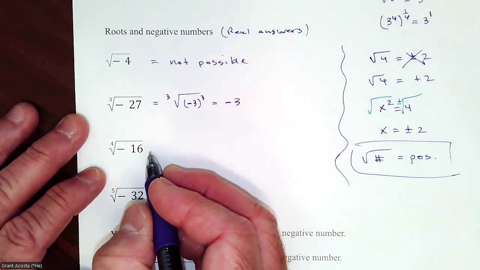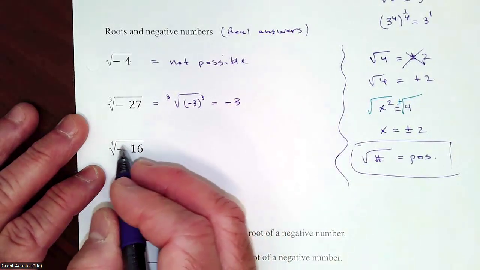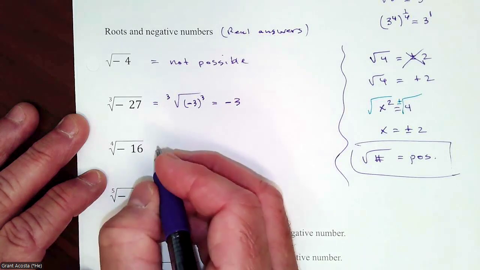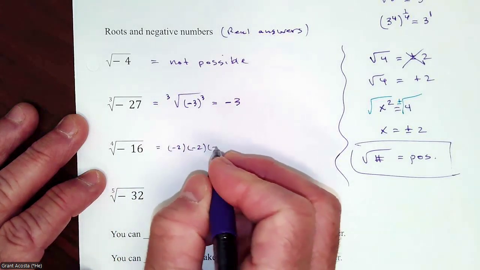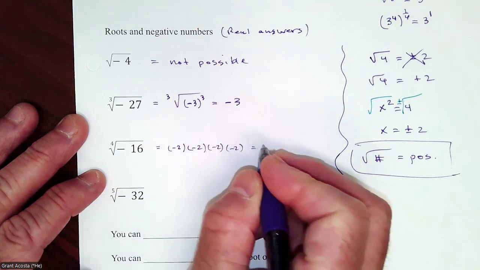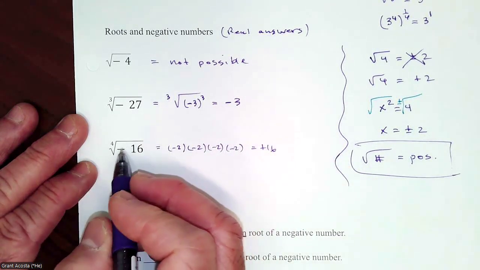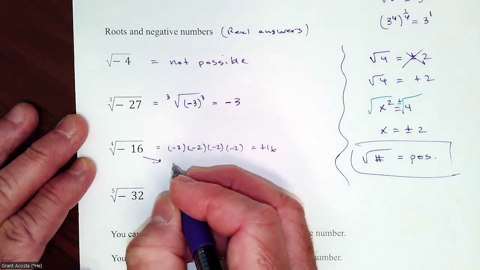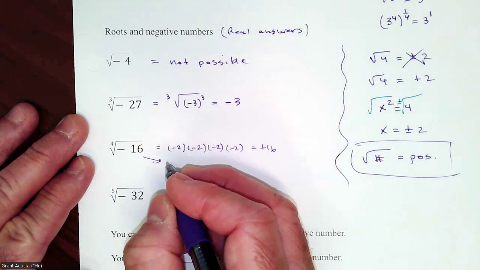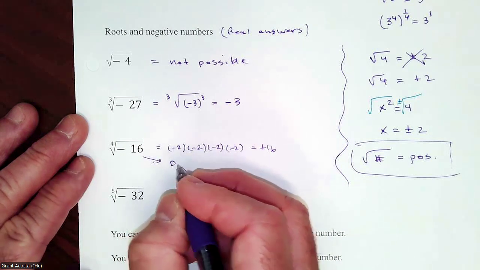Now, what about the fourth root of negative 16? That would be a number times itself 4 times that gives you negative 16. You can't do that, right? If you tried negative 2 times itself 4 times, that's actually going to give you positive 16, not negative 16. So the fourth root of negative 16 also is not possible. We'll just say it does not exist. DNE.